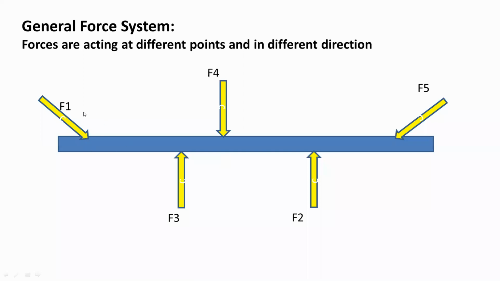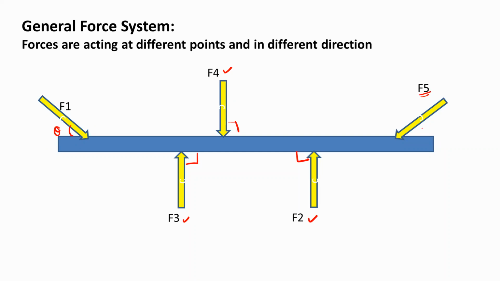Okay, so F1 is acting at some angle theta, so this is theta with respect to the x-axis. Then F4, F3, and F2 are acting exactly perpendicular to the x-axis. F4 is along the negative y direction, and F3 and F2 are along the positive y direction.